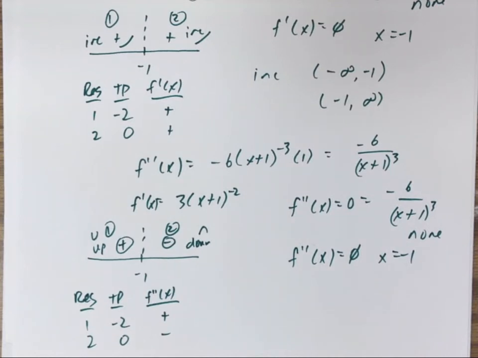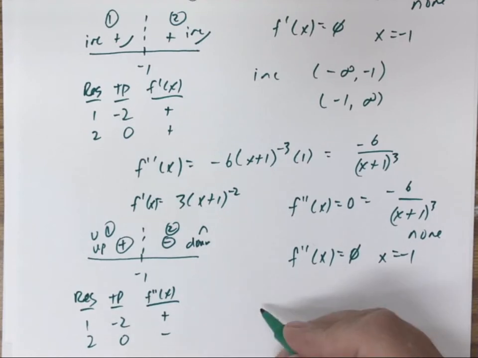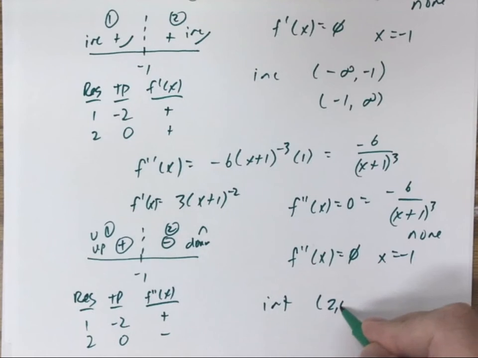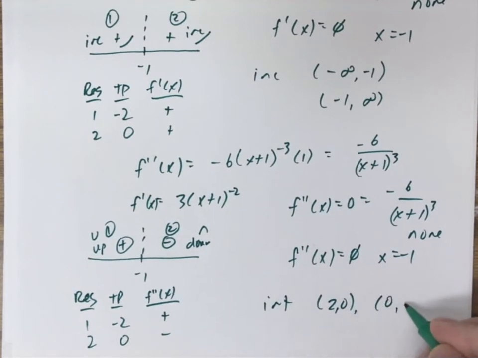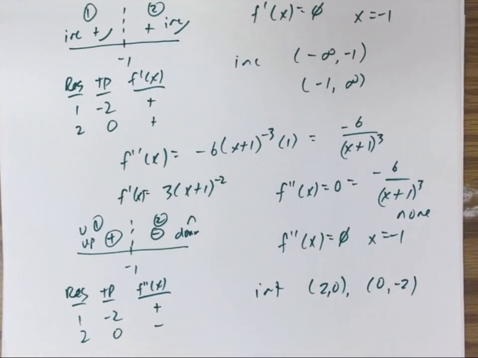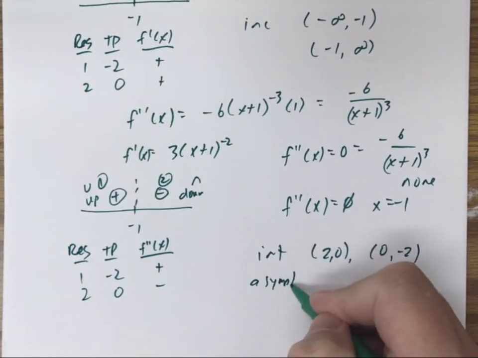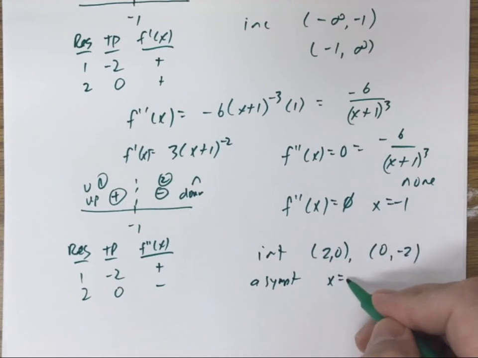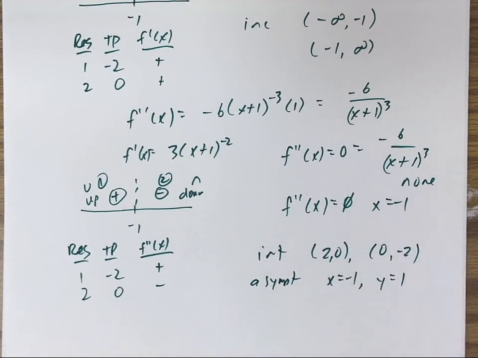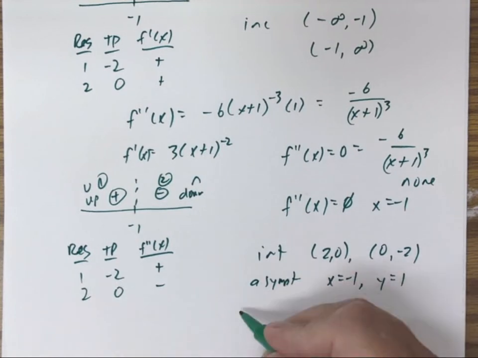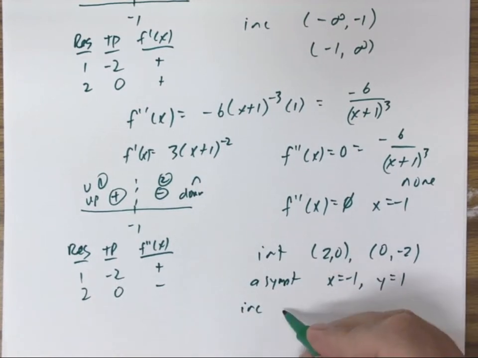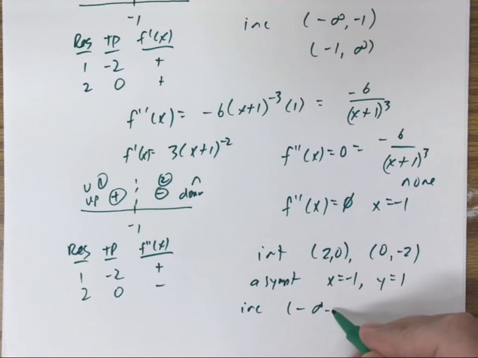So let's sort of summarize what we have and see if we can figure out what in the world the graph might look like. So we had some intercepts, 2, 0, and 0, -2. We had some asymptotes, x equals -1 and y equals 1. Now we had regions of increase only, 2 regions.